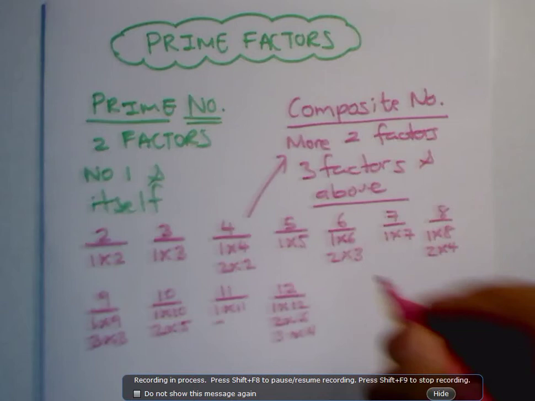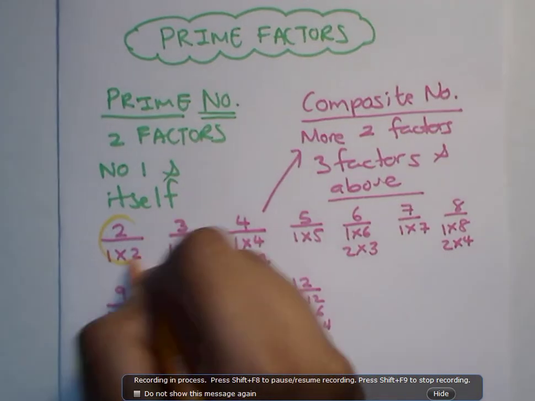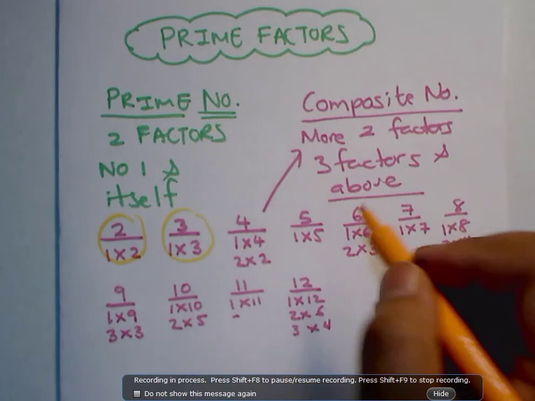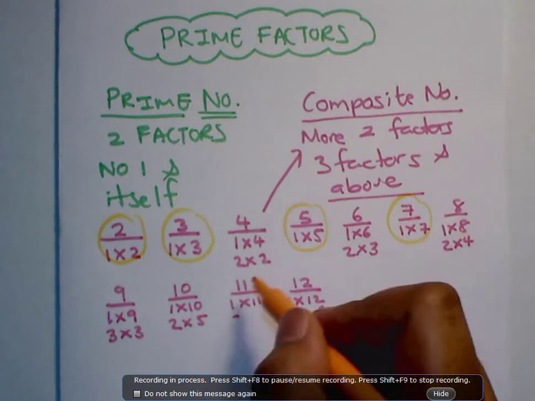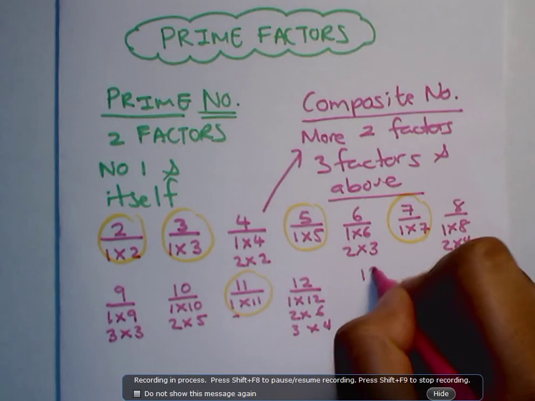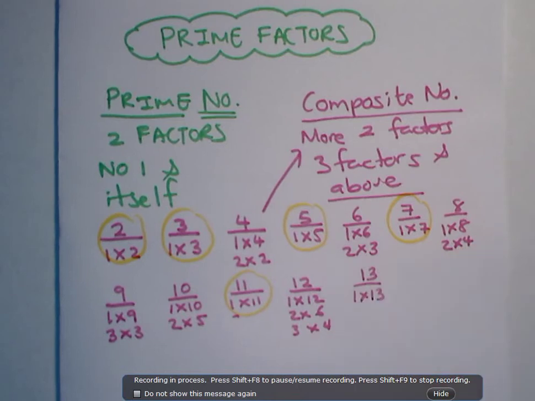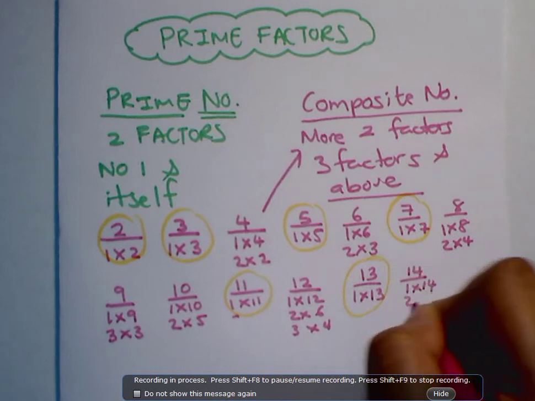Let's see how many we got so far. This is a prime number, this is a prime number, so 2, 3, 4, 5. Let's find the first 10 numbers. So 13, yep, 1 times 13, so that's 6. Then we have 14, 1 times 14, 2 times 7, nope.